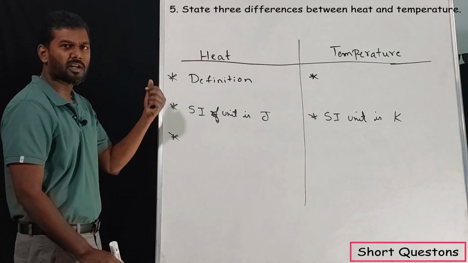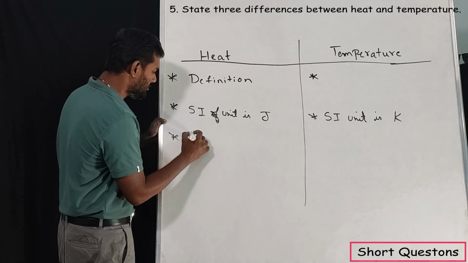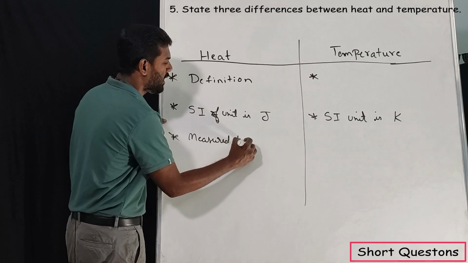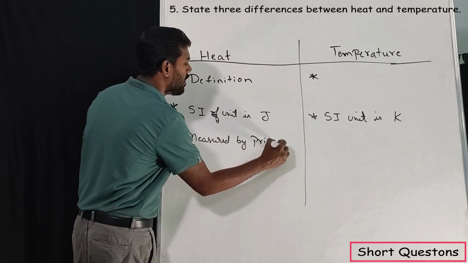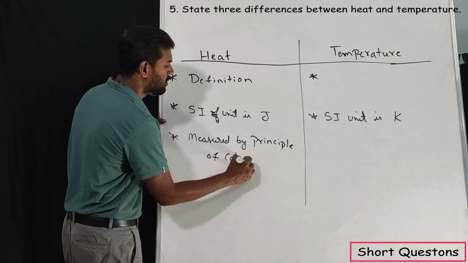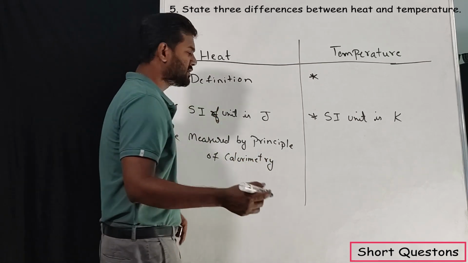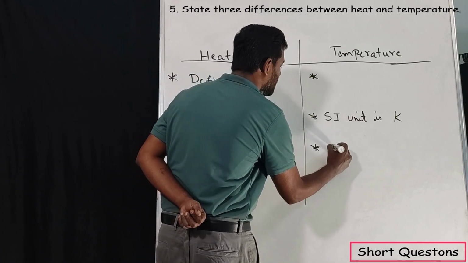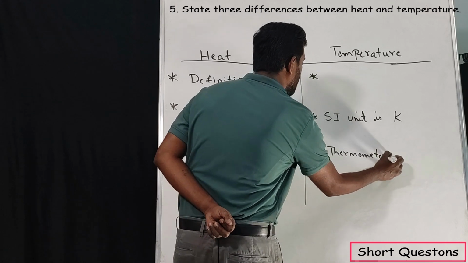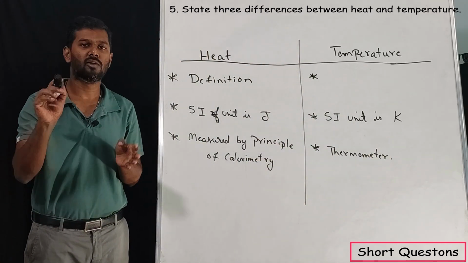Then, when it comes to heat, how is it measured? Heat is measured by the principle of calorimetry. Temperature is measured by a thermometer. That's it. See, write it in the form of sentences. These are the 3 differences they are looking for.